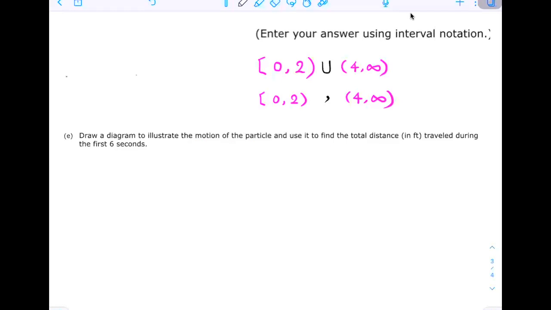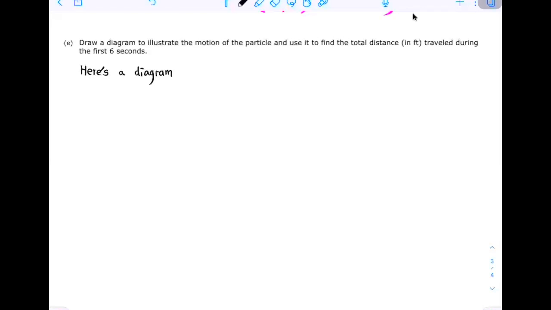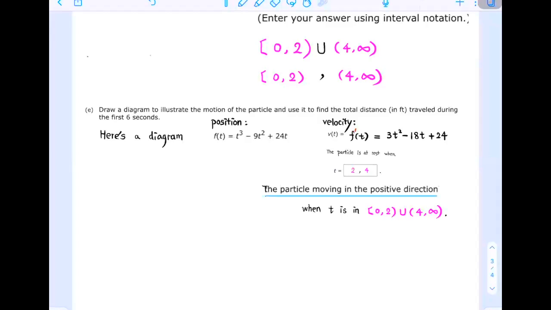Part E. Draw a diagram to illustrate the motion of the particle and use it to find the total distance in feet traveled during the first 6 seconds. Here's a diagram, not drawn to scale. Remember, from the results we got from A, B, C, D, we know that the position function is this, the velocity function is this one.